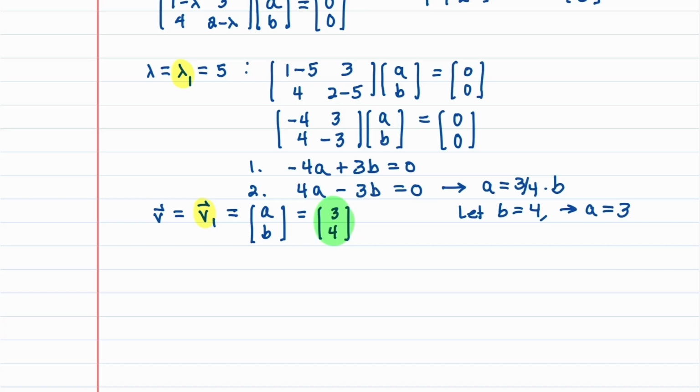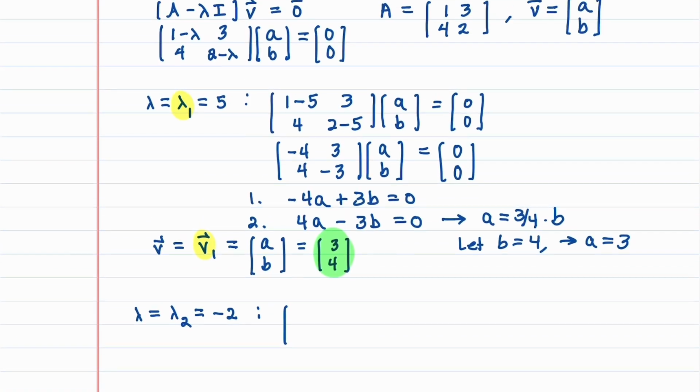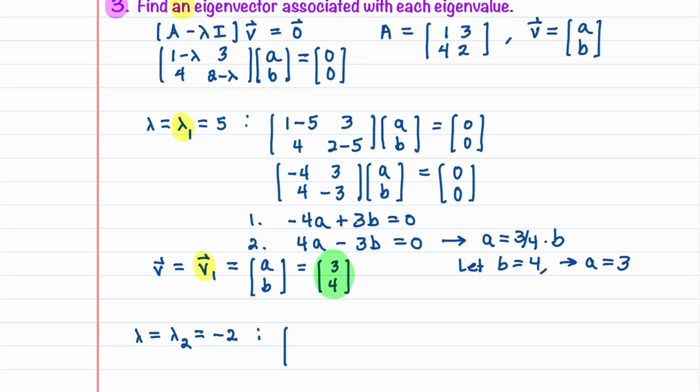Now we're going to find our second eigenvector, so we're going to let lambda be lambda 2, and that was minus 2. We're going to be looking right here, and lambda is negative 2. So we're going to end up adding 2 to the diagonal entries. This gives us 1 plus 2, 3, 4, and then 2 plus 2.